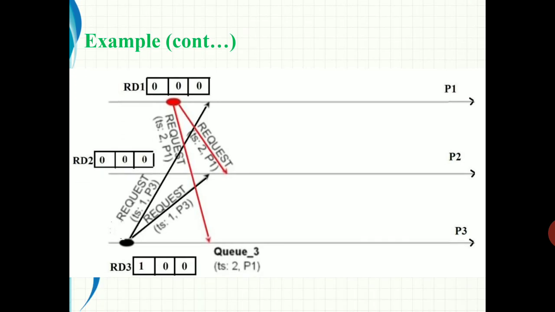Then process P1 receives a request to enter the critical section from P3. At the same time, P2 receives the requests from P1 and P3, and P3 receives a request message from P1.